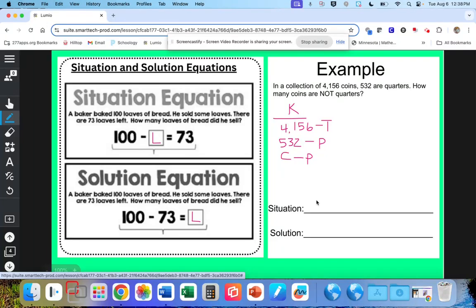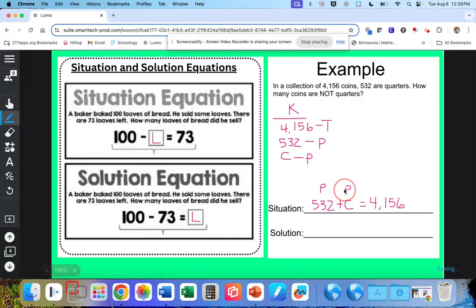I could say that I have 532 quarters plus how many coins I have equals our total amount of 4,156. That's going to be the best because it kind of equals our total. We have our part. Ooh, my P turned out wrong there. There we go. We have another part, and we have our total.